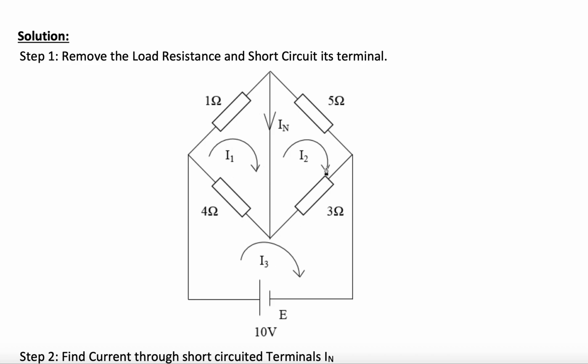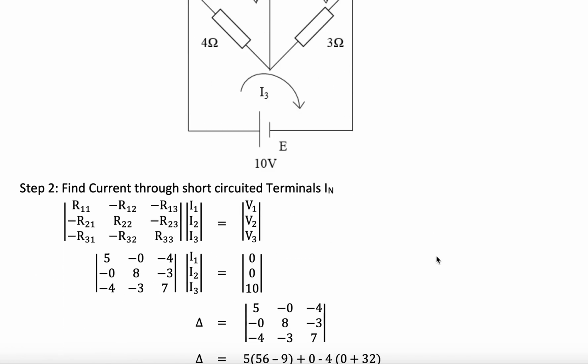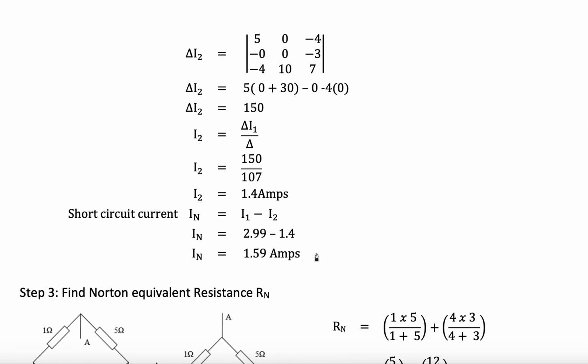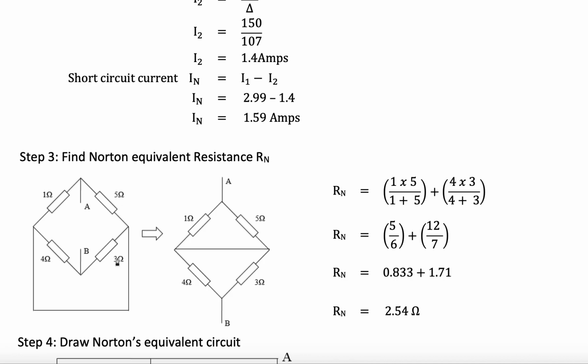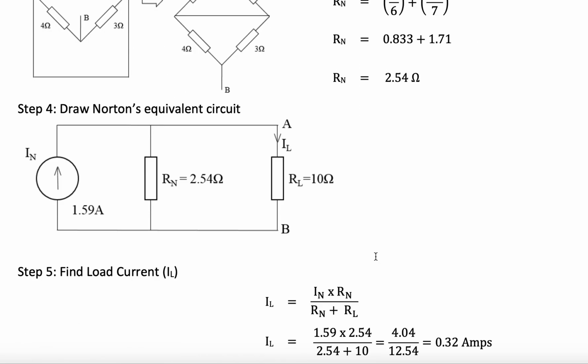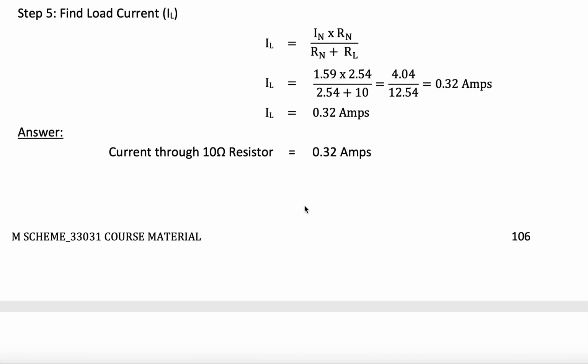Take mesh currents and apply KVL in 3 meshes, and write the 3 equations. Solve for the 3 currents. At least you get I1 and I2. I1 minus I2 is IN. Now Norton's equivalent resistance, as usual, you already know: short these two, open these two, find the resistance. These two are parallel, and their parallel combination is in series. Then draw the Norton's equivalent circuit and find the current.